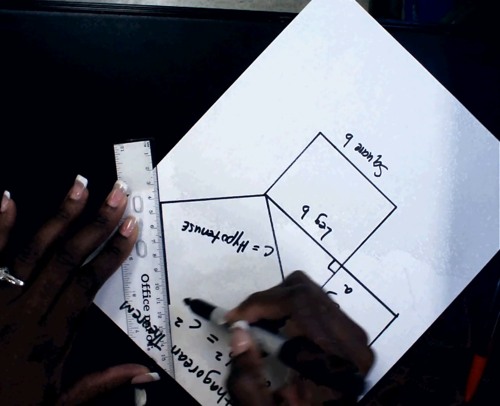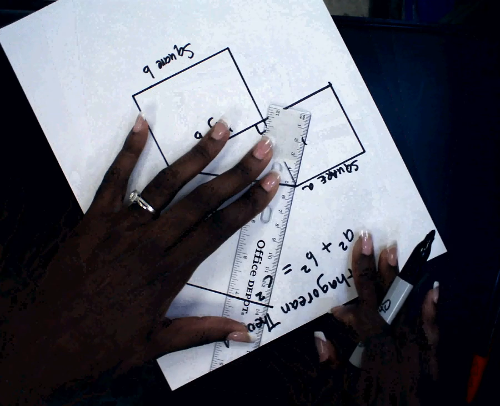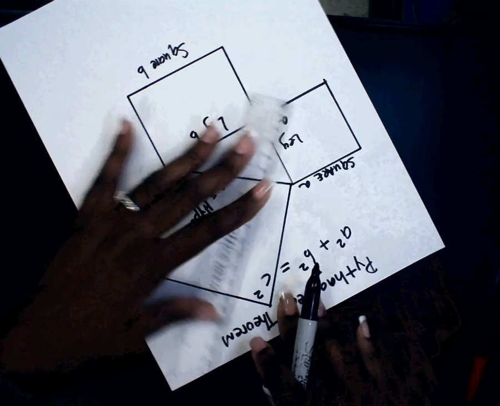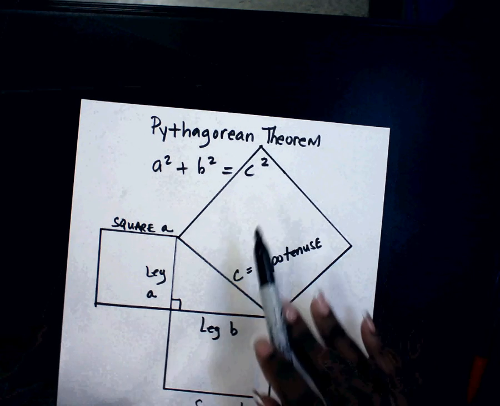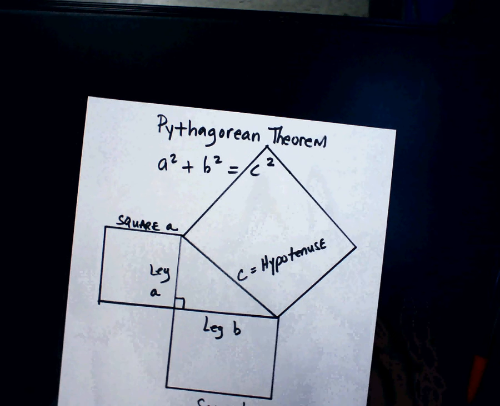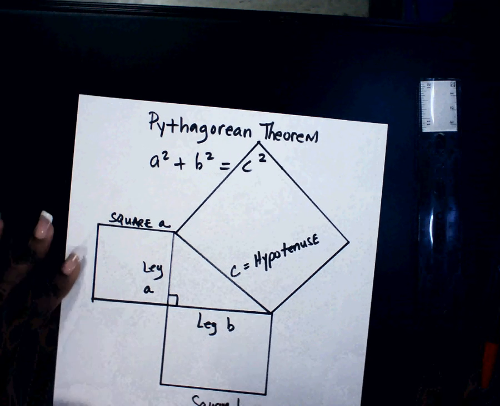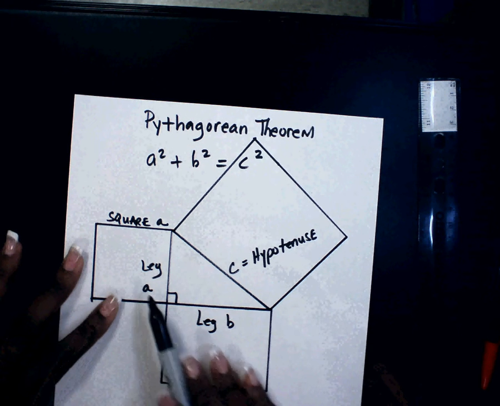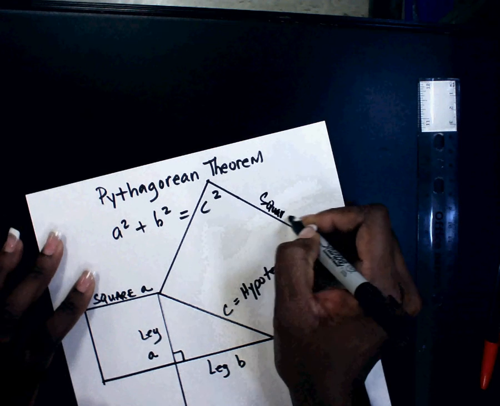Kind of going across in our formula, but that's okay, we're just going to keep right on drawing. So I draw, you draw. It may not seem like it's a square, but we are going to take it as a square, okay? So now we have our square A, our square B, and last we have our square C, okay?